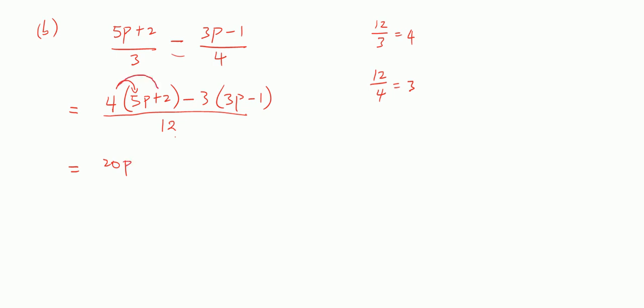Then the 4 by the plus 2 will give me plus 8. Then minus 3 by 3p will give me minus 9p. And I'm going to take minus 3 and multiply by minus 1, which will give me plus 3. And then all of this will be over 12.